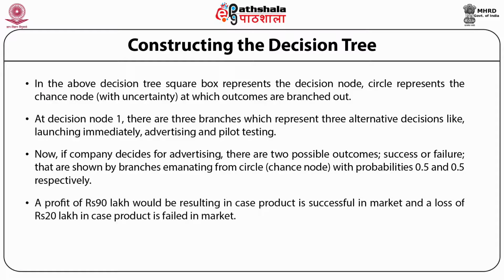A profit of rupees 90 lakh would result if the product is successful in the market, and a loss of rupees 20 lakh if the product fails in the market. Now, the second alternative decision at decision node 1 is to go for pilot testing. That is likely to give positive or negative results with probabilities 0.6 and 0.4 respectively.